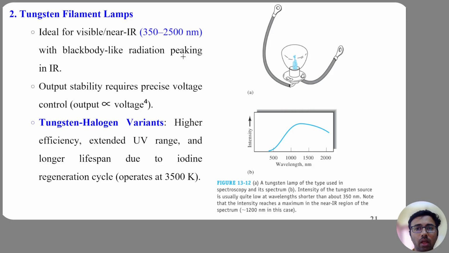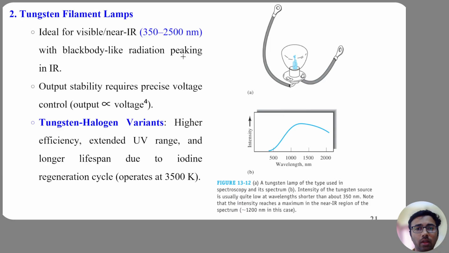Modern instruments are using tungsten halogen lamps. A small amount of iodine gas is added inside the quartz envelope. This enables a regeneration cycle. Evaporated tungsten atoms recombine chemically and redeposit onto the filament. This prevents filament thinning and allows operation near 3500 Kelvin.